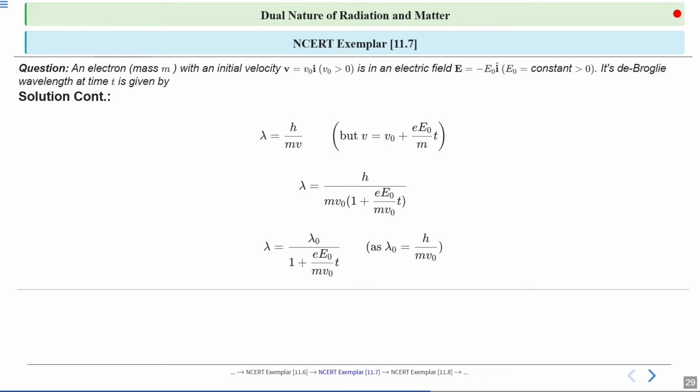We have put v naught plus e capital E naught upon m t in the place of v, then we have taken m v naught common. Now h upon m v naught, we know what this is: lambda naught, the initial de Broglie wavelength of the electron. So we can write this in terms of the initial wavelength lambda naught, which is h upon m v naught. So lambda will become lambda naught upon 1 plus e capital E naught upon m v naught multiplied by t.